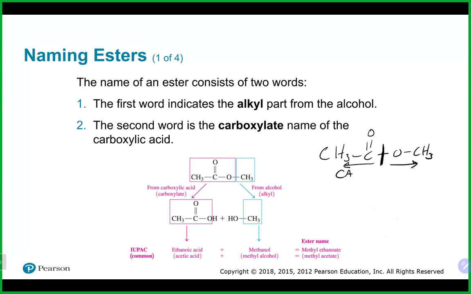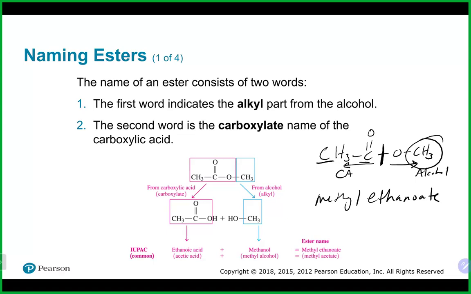Heading away from the double bond is your alcohol part. That will give us the names we need. The main part of the name, from the carboxylic acid, is based off of ethane, so this is ethanoate, with "-oate" at the end of it. This also has one carbon on the alcohol, so it's methyl ethanoate. Any questions on that one there?